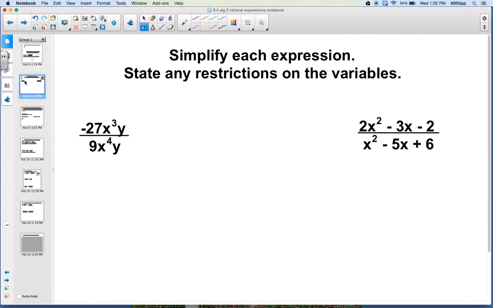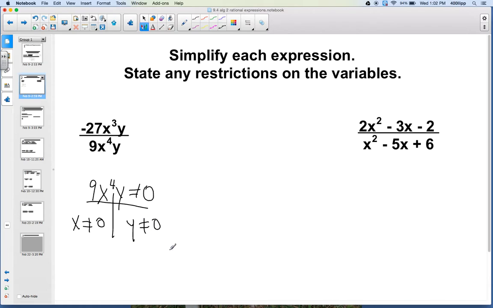Okay, moving on. Simplify each expression, state any restrictions on the variable. Again, we take the denominator and say that it cannot be 0 to find any of the restrictions. Here, since it's all monomial, x cannot be 0 and y cannot be 0.